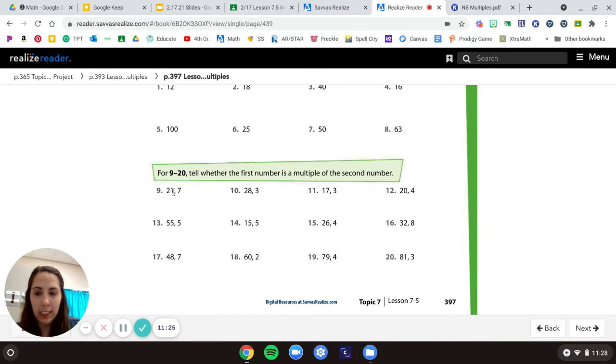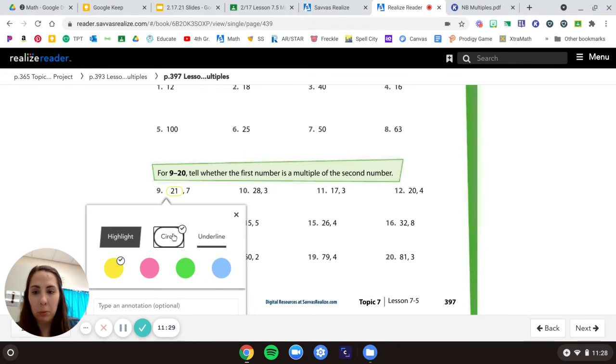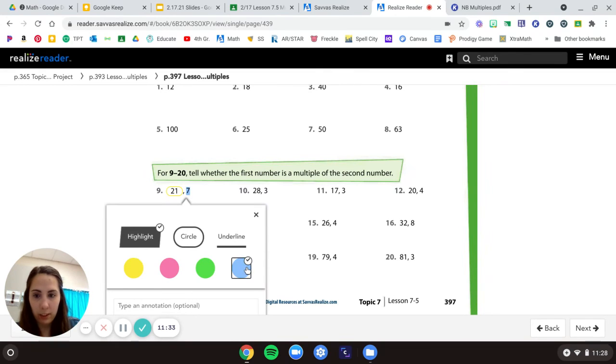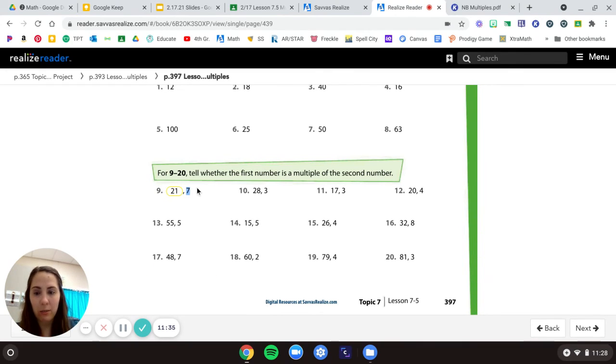You have to tell, is the first number, so is 21, a multiple of 7? So if I go through my 7s, will I ever land on 21? 7, 14, 21. So I would write yes next to number 9. 1 done for you. So, okay, so that's this page.